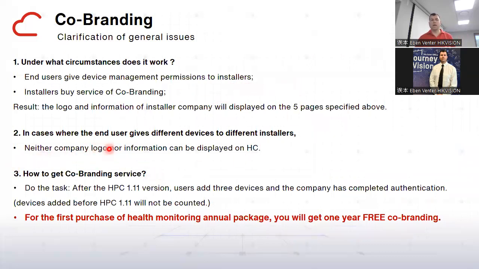Please note also that if your client has certain devices and he's sharing part of it to a monitoring company and the other part to an actual installing company, but he's not using the installing company from the monitoring company, that makes sense? Then if he's sharing to both at the same time, it will not show the co-branding of either one of the two companies on the client's phone.